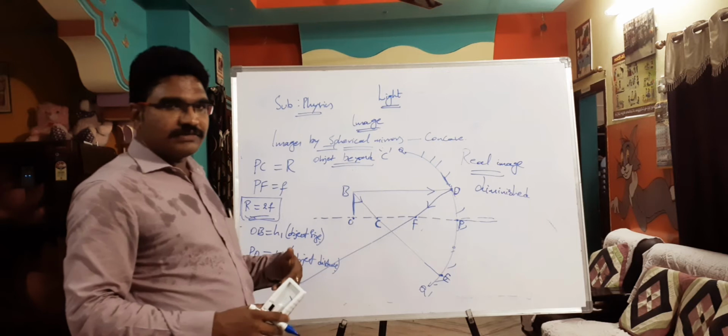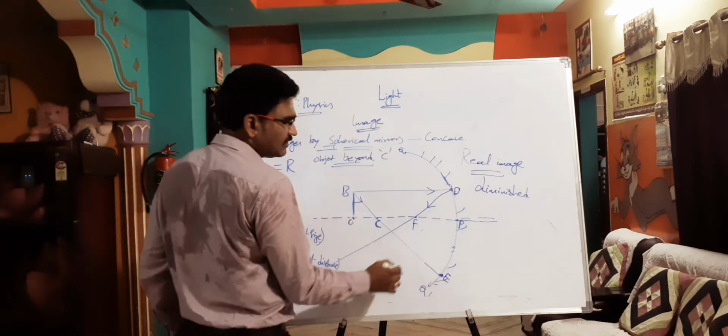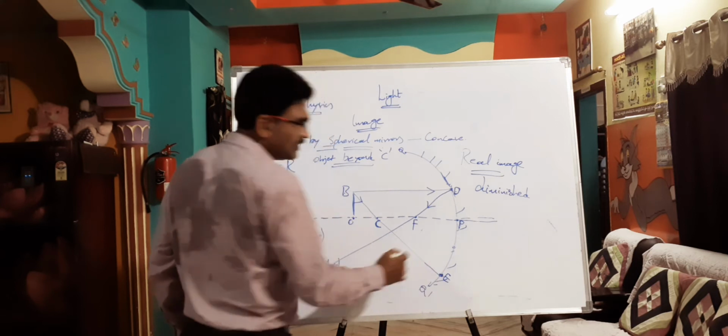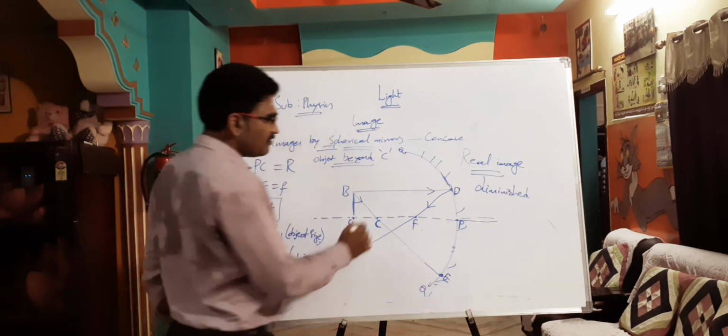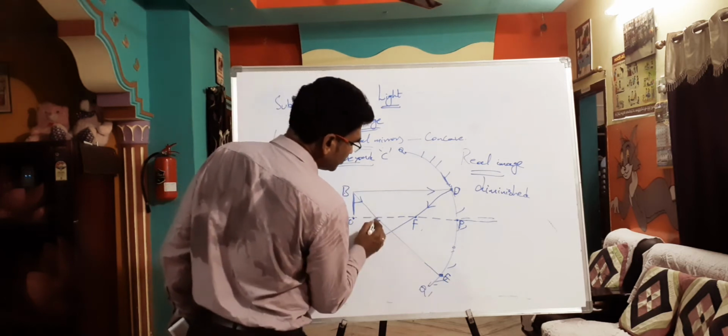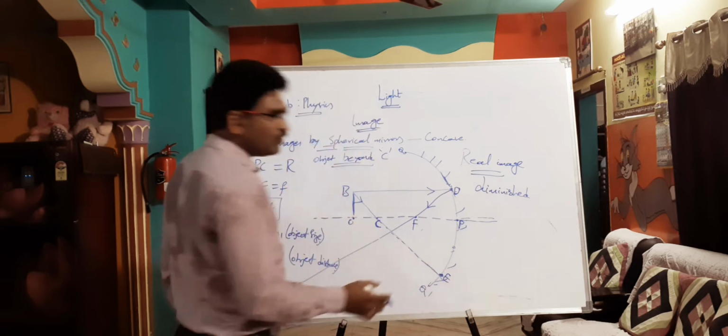How will it reflect? You want to know. This is the incident ray, this is the point of incidence. After drawing the incident ray, you have to draw the normal, from the center to the point of incidence. Now this is the normal, and the normal and incident ray are both coinciding.